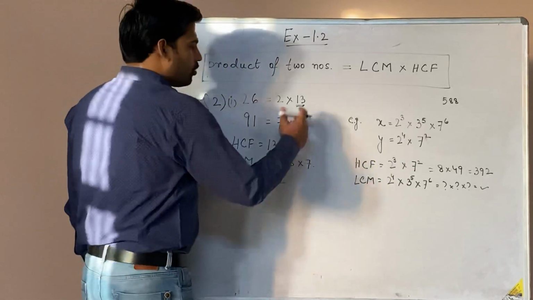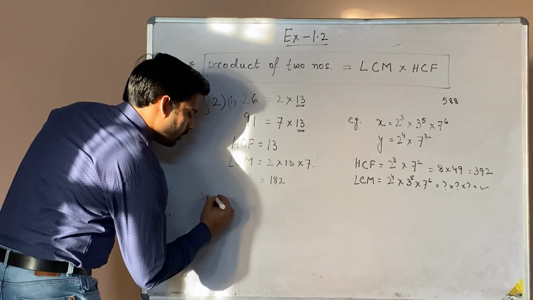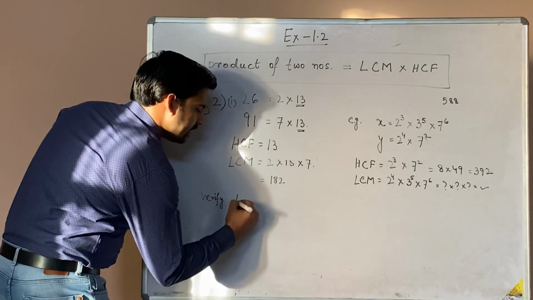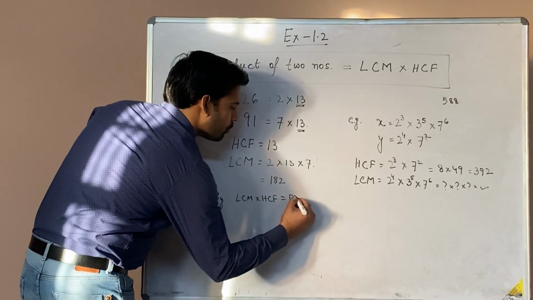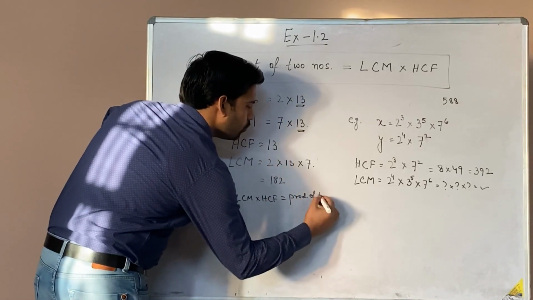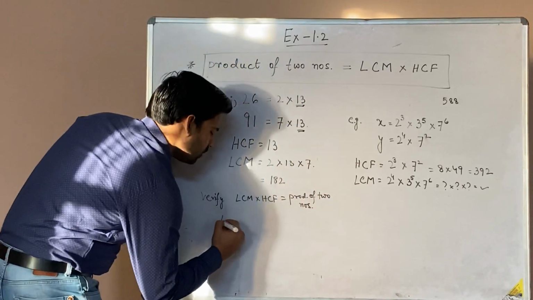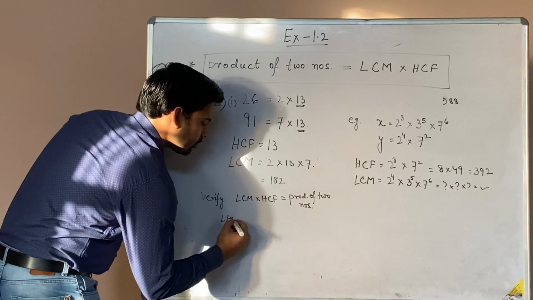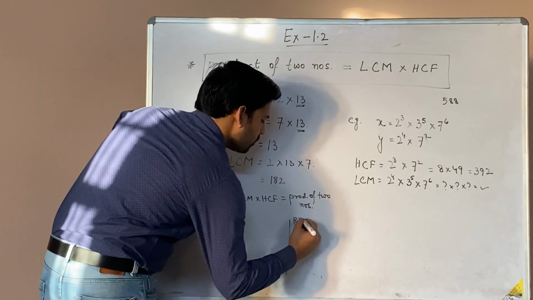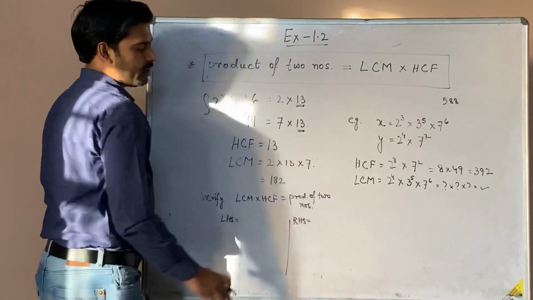So coming back to the question was this, that we need to verify that LCM into HCF is equal to product of two numbers. So this is what we need to verify. So we'll do what? We'll calculate LHS and RHS. We'll take both the sides separately because we need to verify that this side is equal to this side.